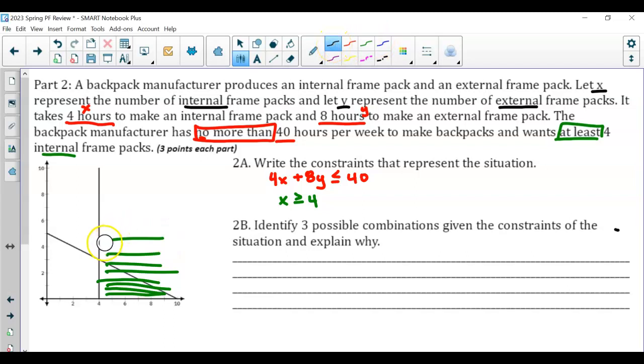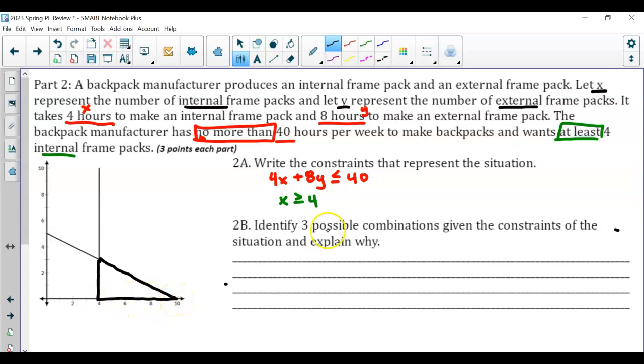So I'm not going to go here because this graph shows my situation here of 4x plus 8y, which has to be no more than that, which is less than. So notice that overlap is occurring here in this triangle. So that's where we have our solutions, those possible combinations. So we are focusing on this triangle here.